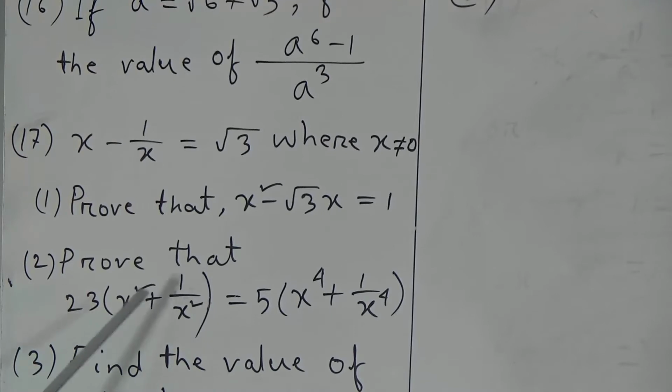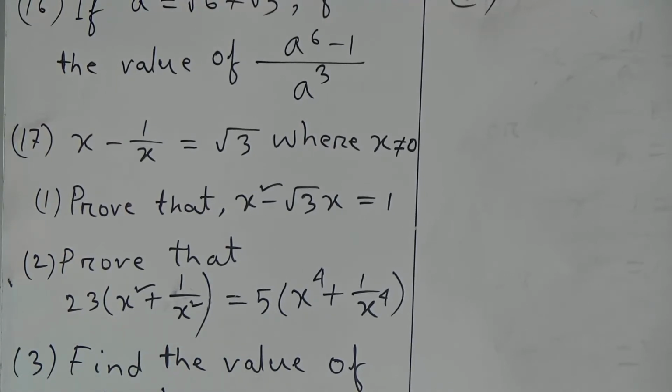For proving it, at first we have to find out the value of x square plus 1 by x square. Then we have to find out the value of x to the power 4 plus 1 by x to the power 4. Then we can easily find out the value of left hand side and right hand side.